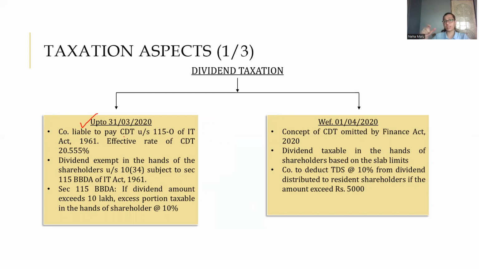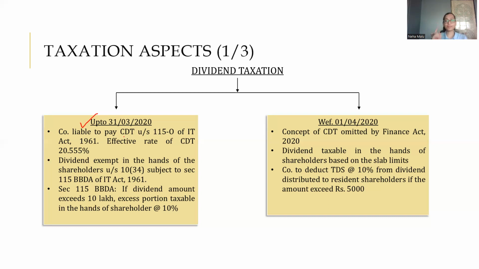In the hands of the shareholders, nothing was taxable up to rupees 10 lakh. If the dividend received by the shareholder exceeded rupees 10 lakh, then the shareholder was required to pay tax on the additional portion at the rate of 10%. So this was the scenario up to 31st March 2020.